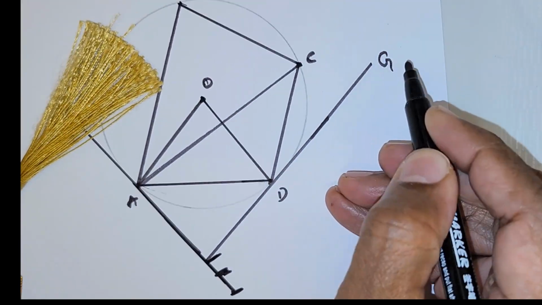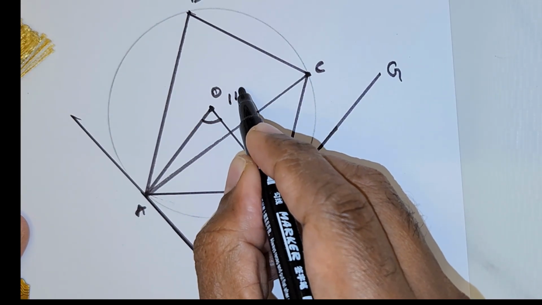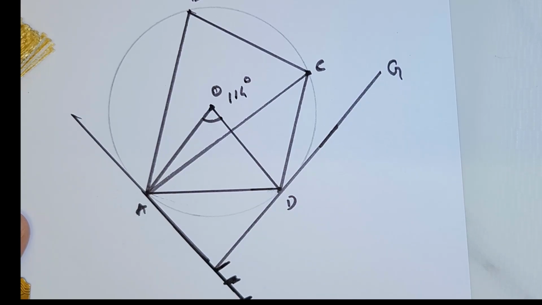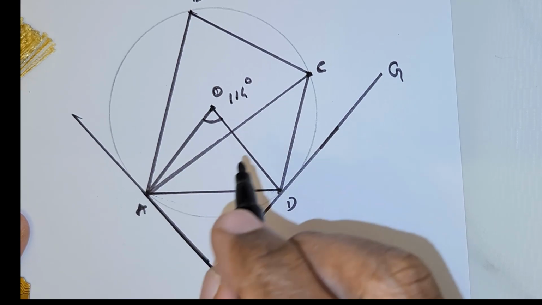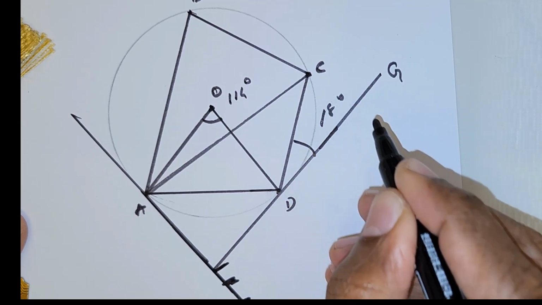So this point is G. This is 114 degrees. And this angle is given as 18 degrees.